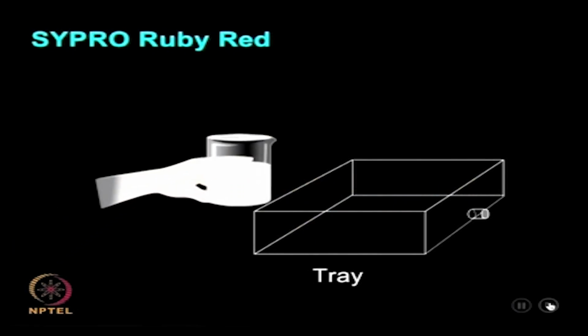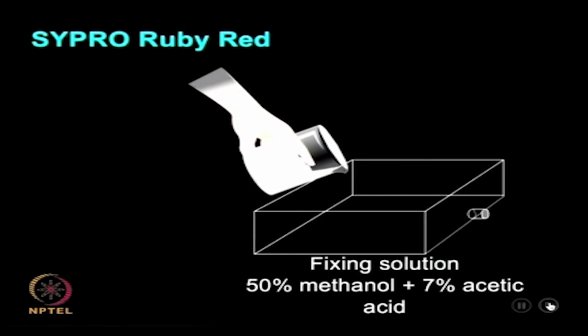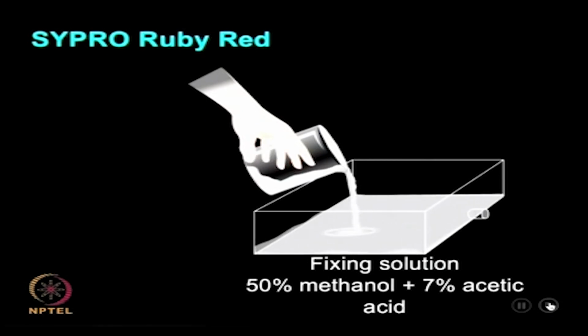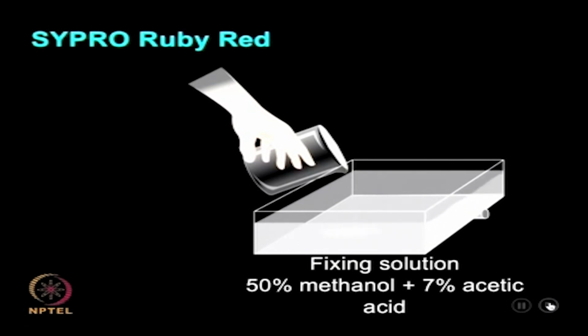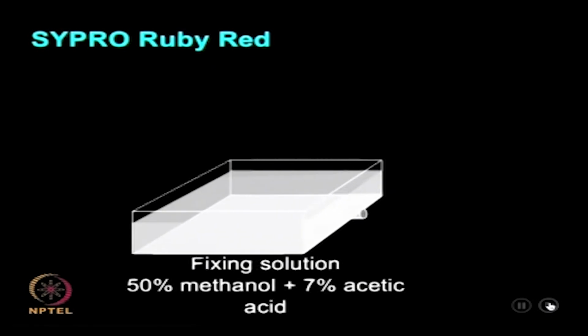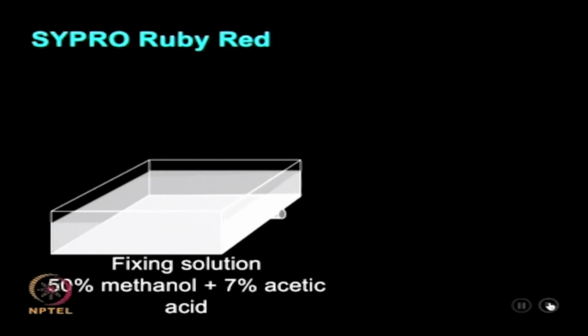The completed gel is first placed in a fixing solution of methanol and acetic acid that fixes the protein bands in the gel and minimizes any diffusion. This must be subjected to gentle shaking for around half an hour.